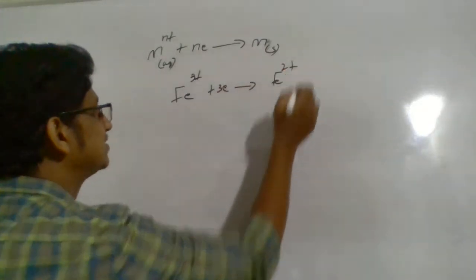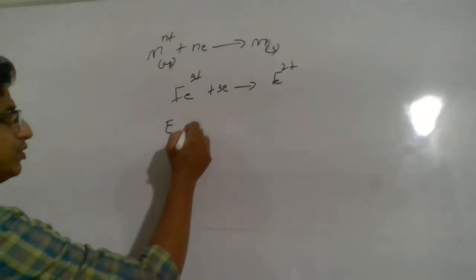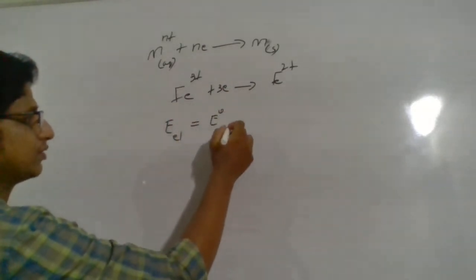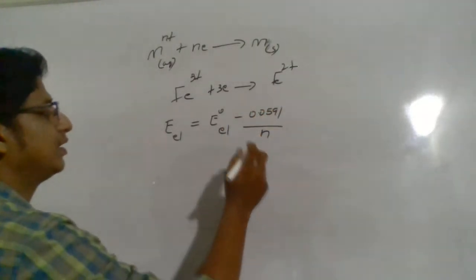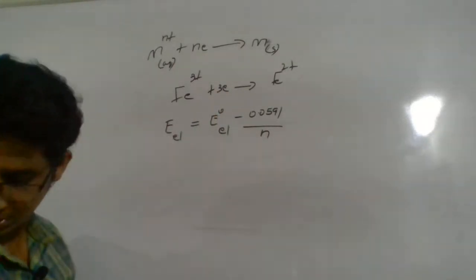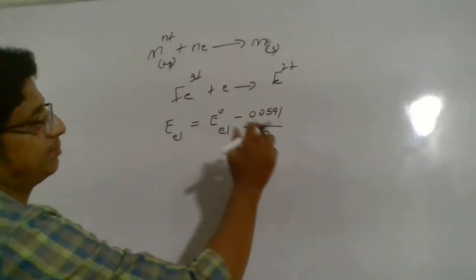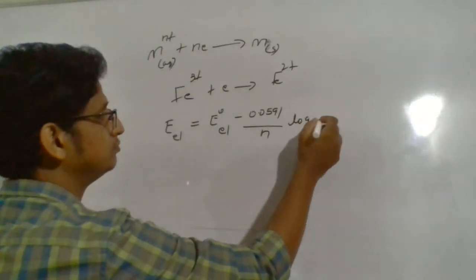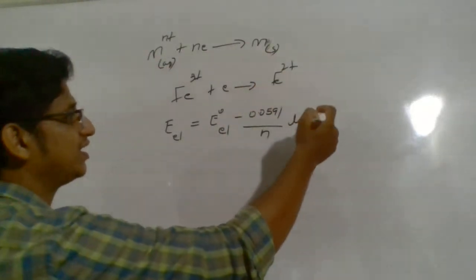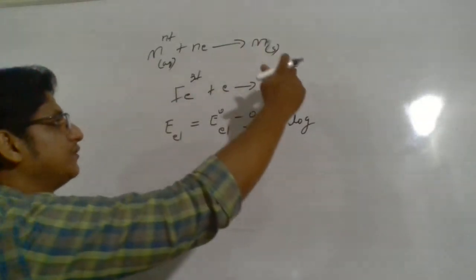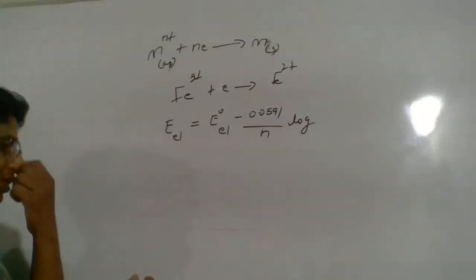In this special case, E electrode equals E0 electrode minus 0.0591 divided by n, log of the concentration of the reduced state divided by the concentration of the oxidized state.